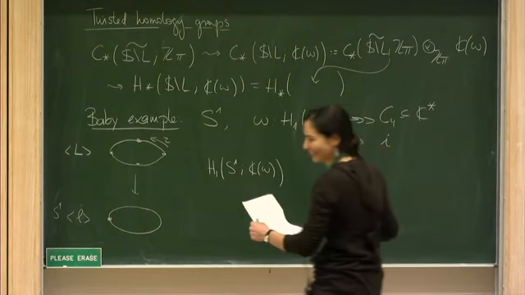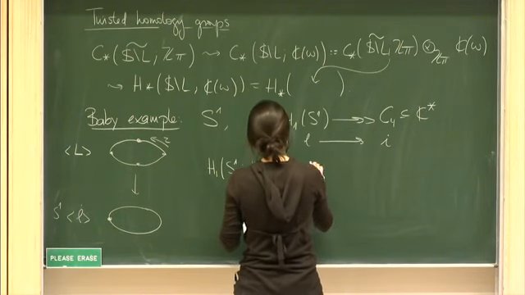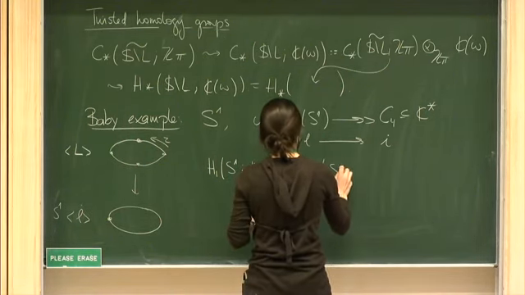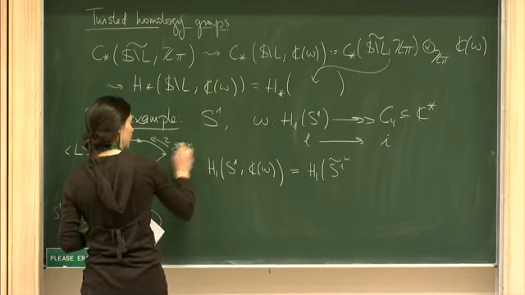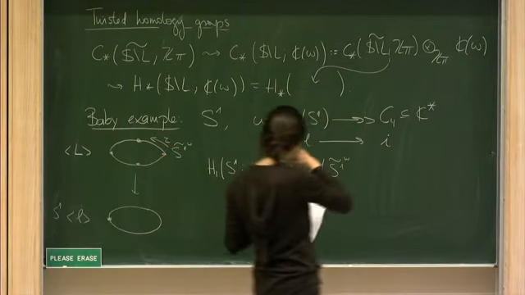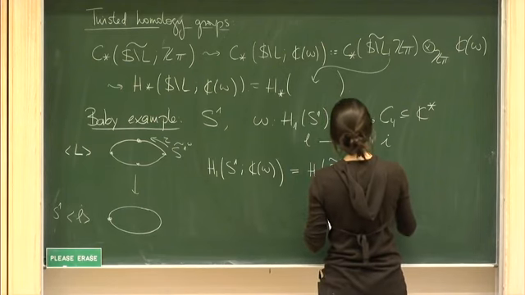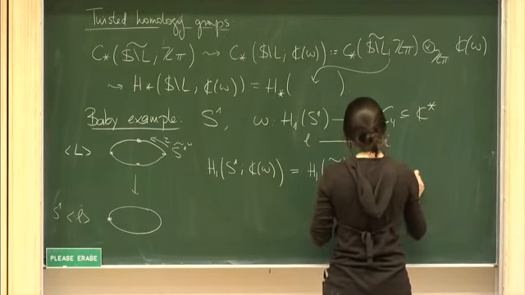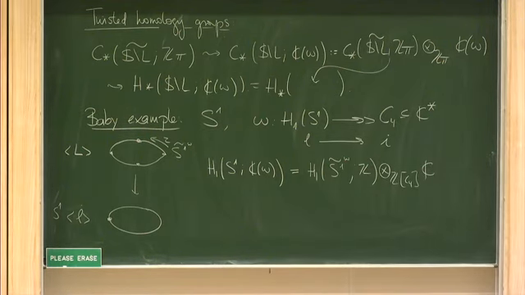More or less. So in this case it's the H1 of S1 tilde, the covering of S1, with coefficients in Z tensored over Z C4 with Z, which is less scary perhaps than all that.